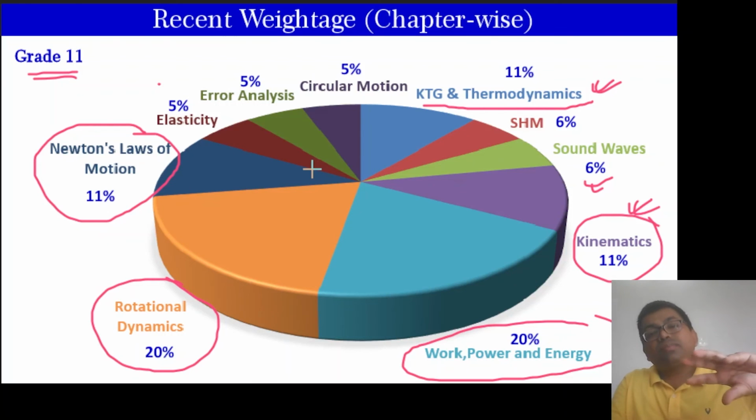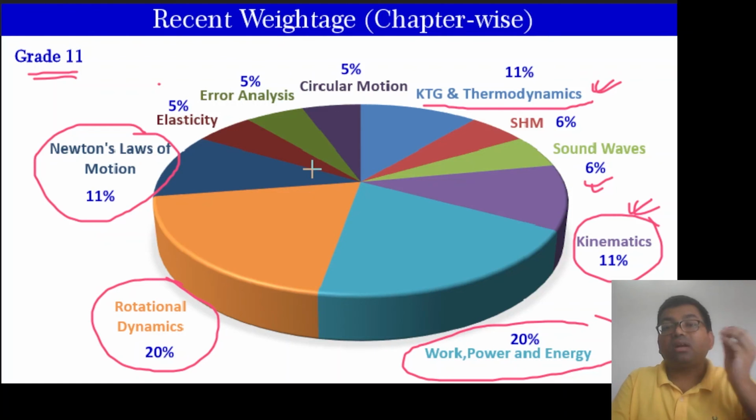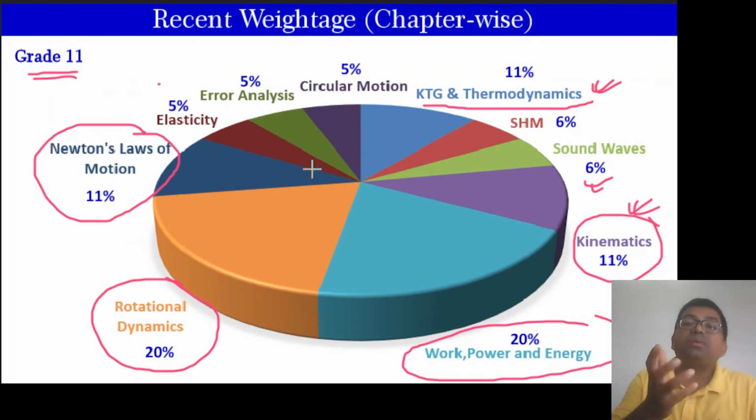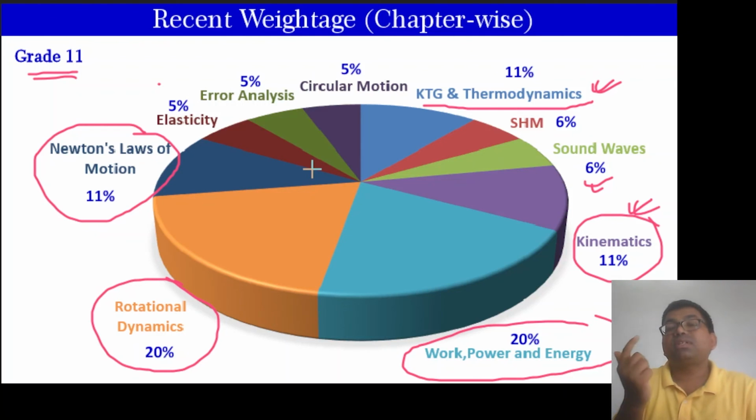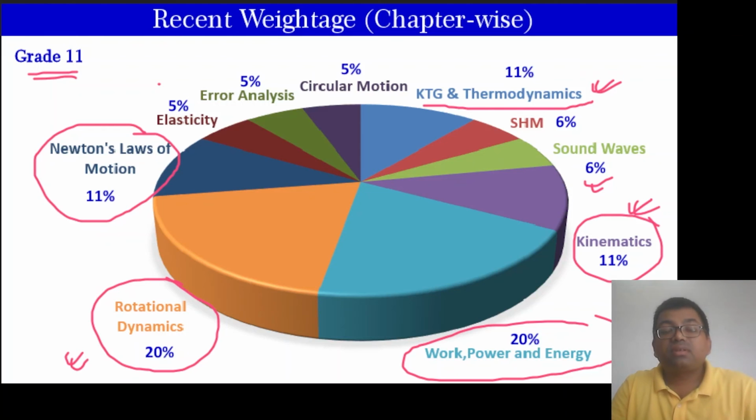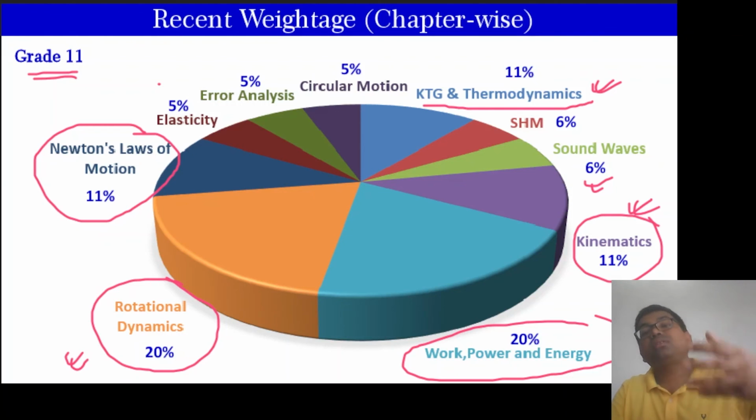Some of these topics are also combined together. For example, in rotational dynamics, even the concept of circular motion will come, v equals omega r and all that: what type of motion it is, how much angular displacement is happening, what the frequencies are. Besides that, rotational dynamics covers moment of inertia, angular momentum, torque and all that.